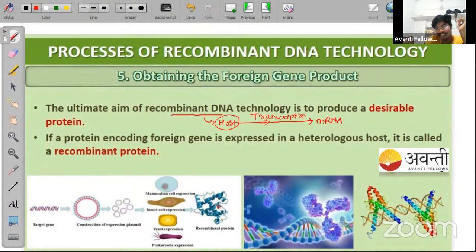And this mRNA will undergo translation, and after translation, protein will be synthesized. The protein which is synthesized here is a foreign protein because it is produced from the foreign DNA. That's why it is called your foreign protein or recombinant protein. So recombinant protein will be synthesized in this way. Transcription translation के बाद recombinant protein will be synthesized.